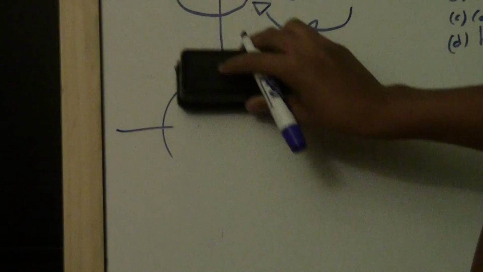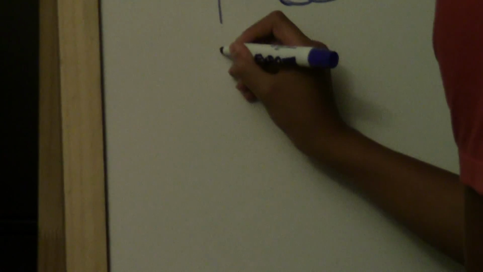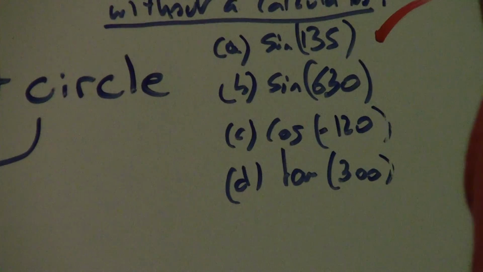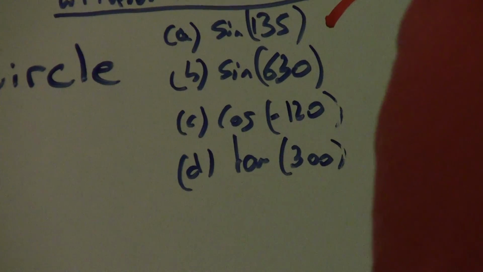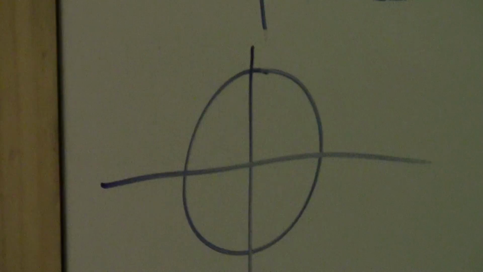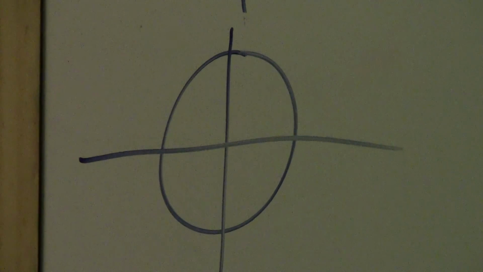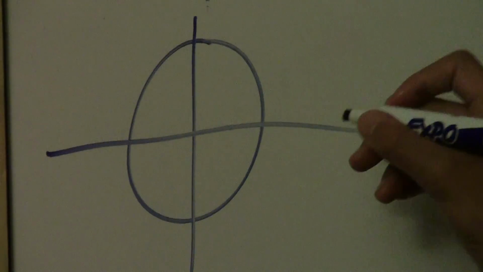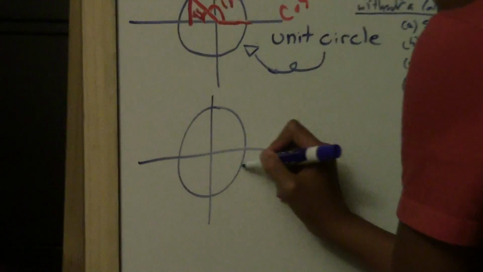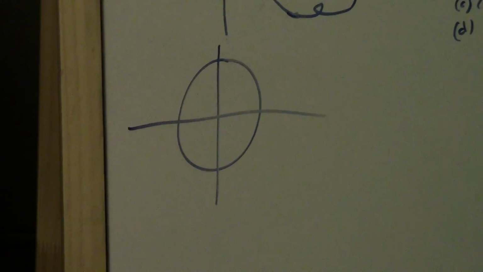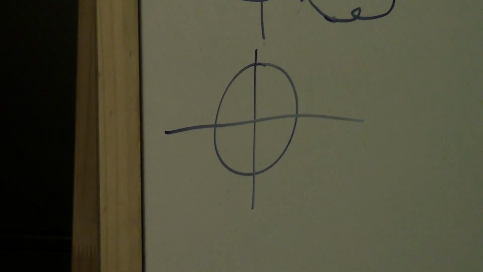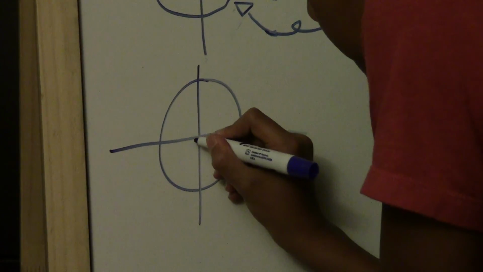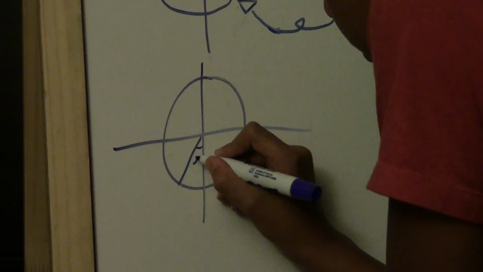Let's try two more. Make the circle again. Let's try cosine, and to make it a little harder, we'll try a negative: negative 120. How do we do this? We always start here and go around if it's positive. Because it's negative, we go clockwise. What's 120 minus 90? That's 30, so we get our 30 degrees here.